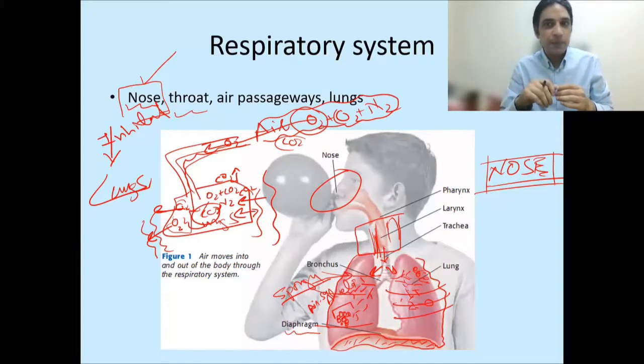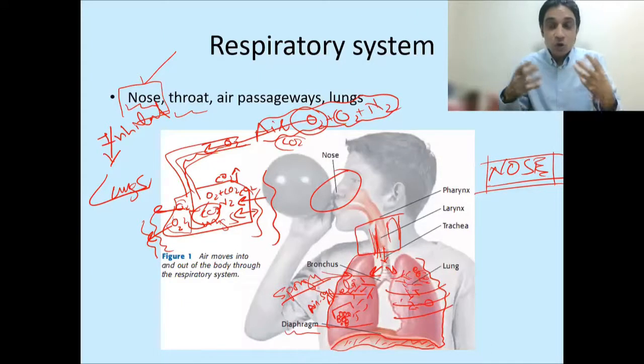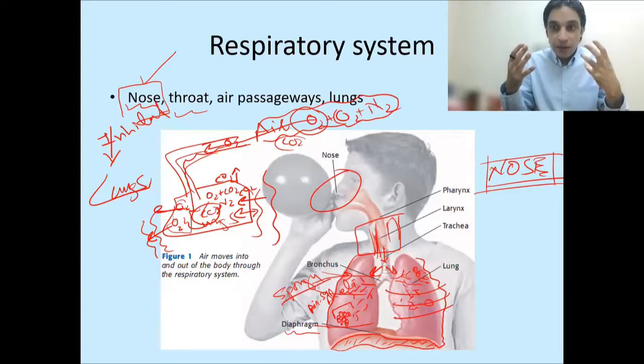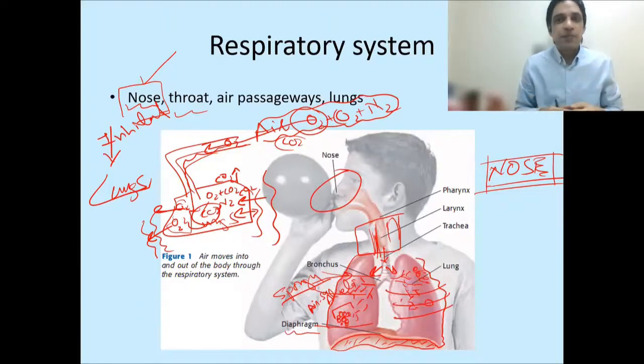That's the first thing. The nose also contains lots of hairs. The job of those hairs is to trap the dust particles present within the air. And last but not least, it allows the gases to adjust their temperature according to the temperature of the body.